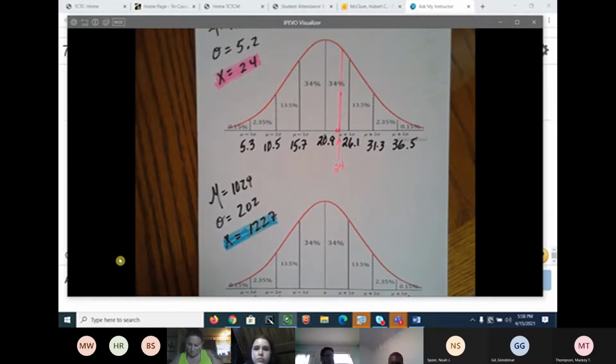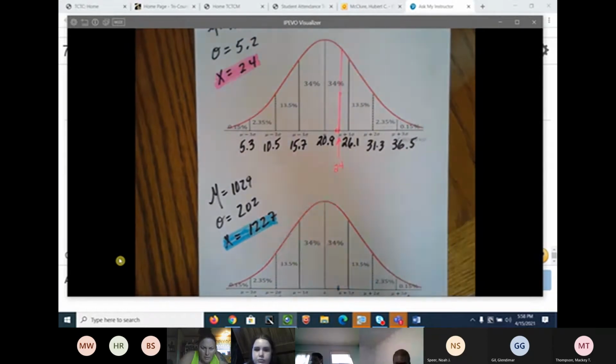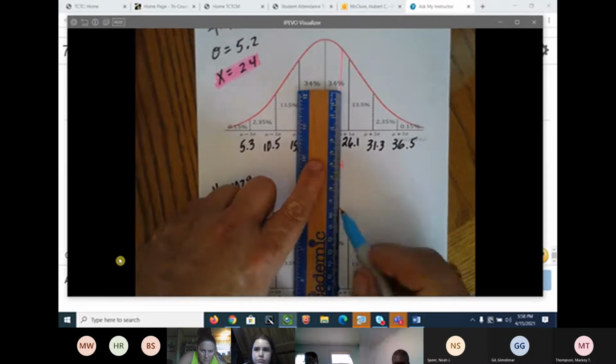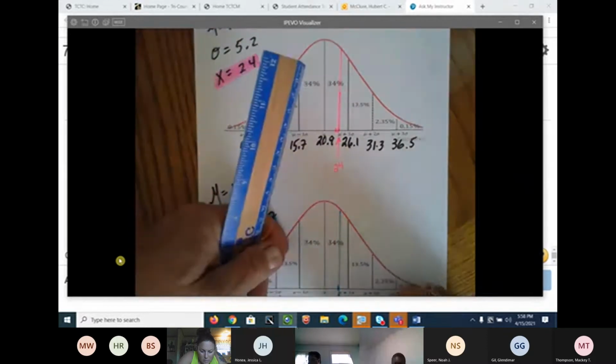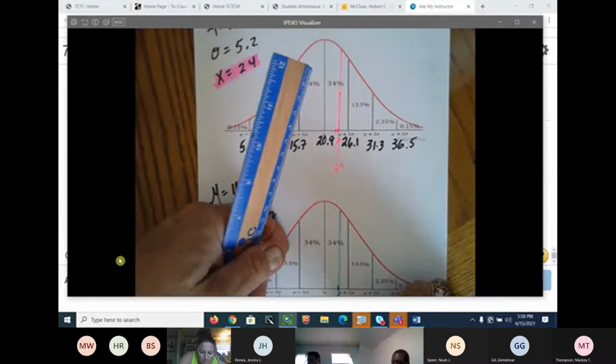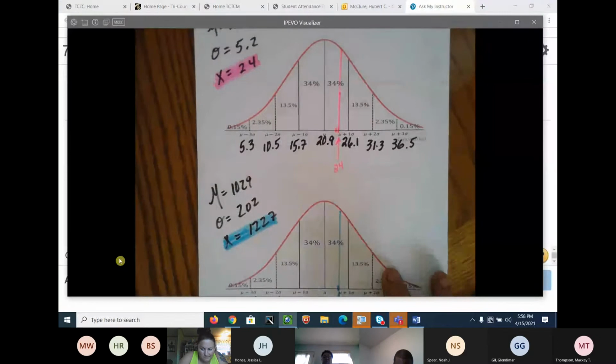And 1227 falls right in here somewhere. And that would be that right there. 1227.